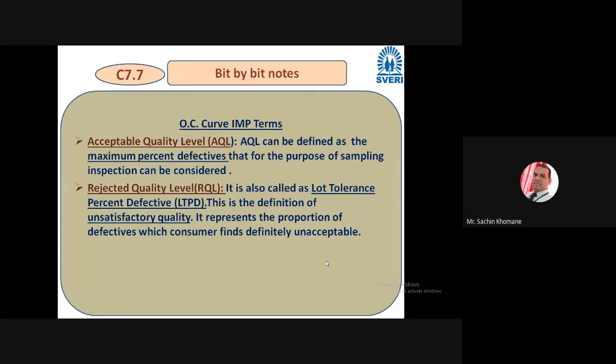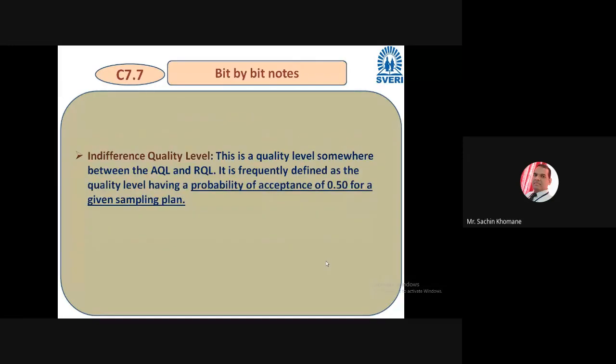That means at the rejected quality level, your lot will be rejected 100%, but at the acceptable level, even though there are certain defects, up to the maximum defect, that person can accept the lot. That is the acceptable quality level. Okay, so these are the certain terms, and another one is the indifferent quality level.